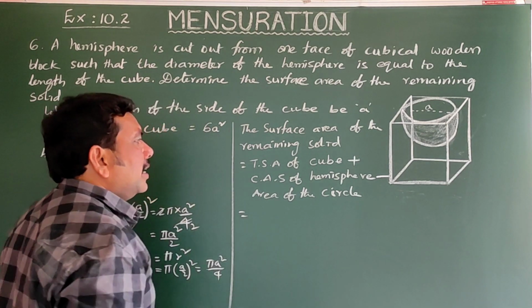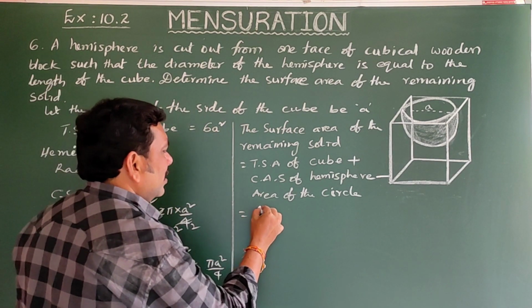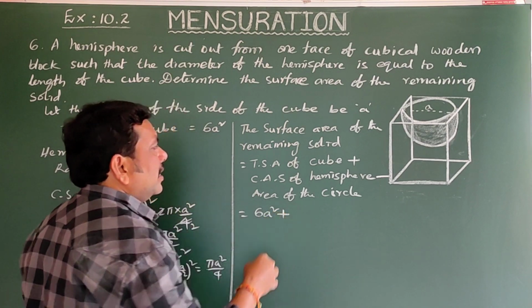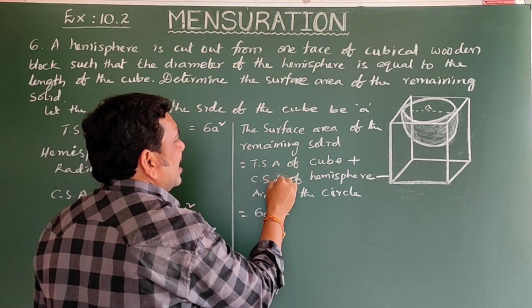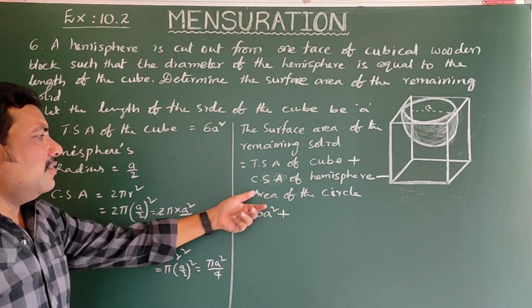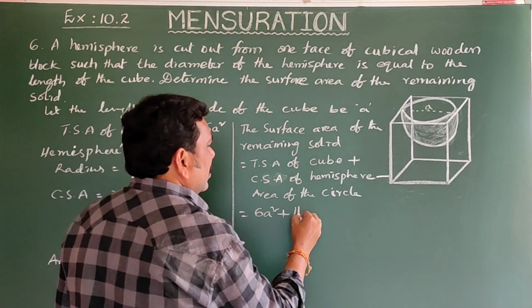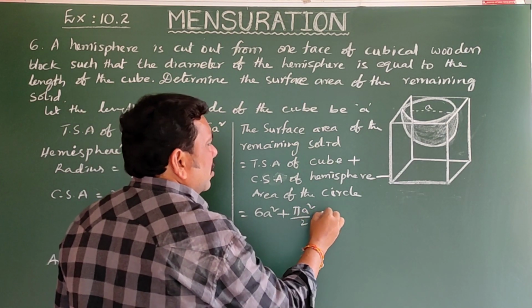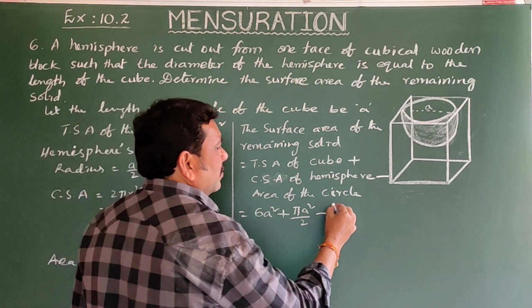Right? TSA of the cube, how much? Yes, 6a square plus CSA of the hemisphere is pi a square by 2, minus area of the circle is pi a square by 4.